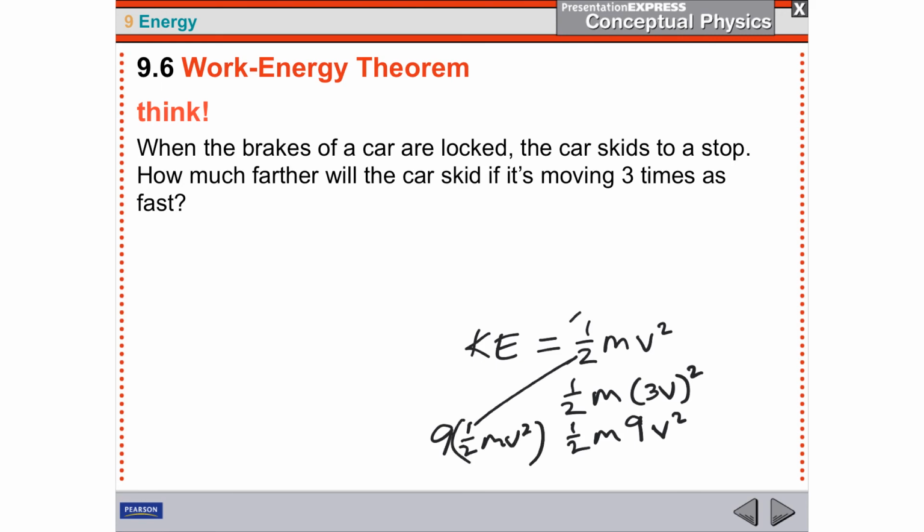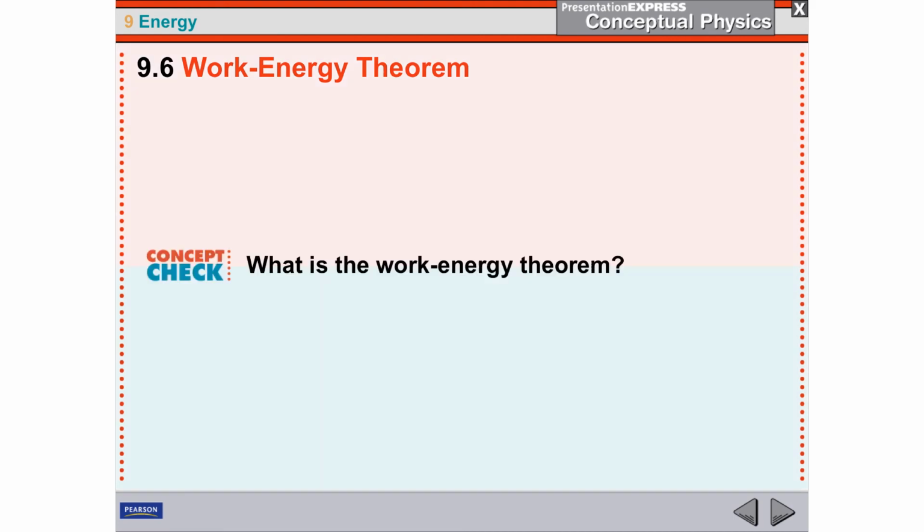Okay, let's compare that. I've got 1/2 mv squared and 9 times 1/2 mv squared. So if you change the velocity by 3, you're going to change the kinetic energy by 9, and the kinetic energy, remember, is equal to the distance times the force. So that means as this goes up, the stopping distance at the same amount of force from your brakes will go up by 9.